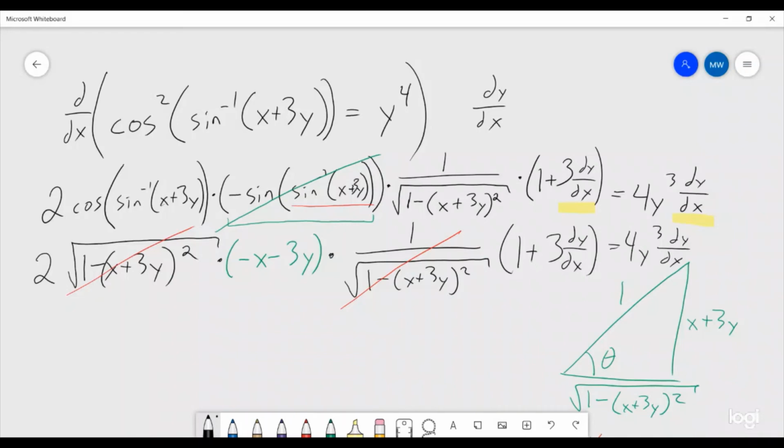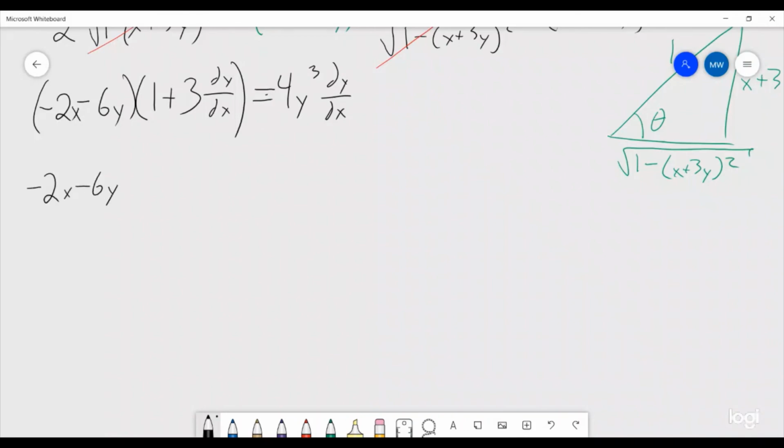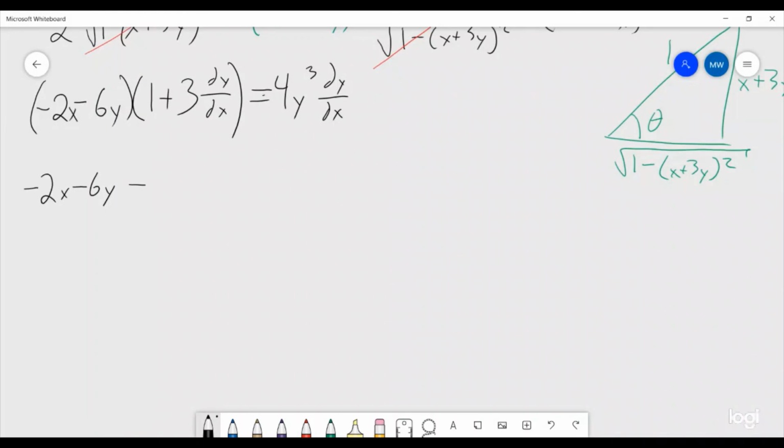So we are left with negative 2x minus 6y, times 1 plus 3 dy/dx, equals 4y cubed dy/dx. Distributing, we get negative 2x minus 6y minus 6x dy/dx minus 18y dy/dx equals 4y cubed dy/dx.